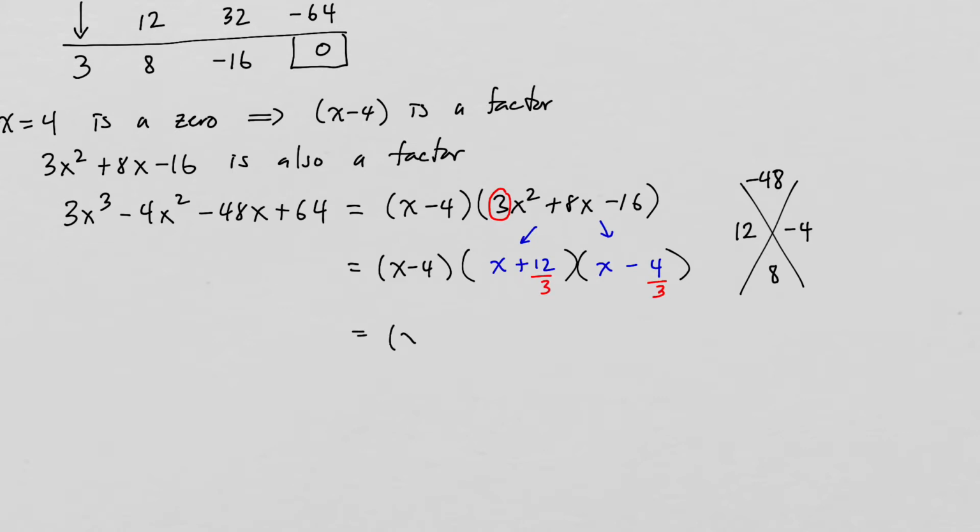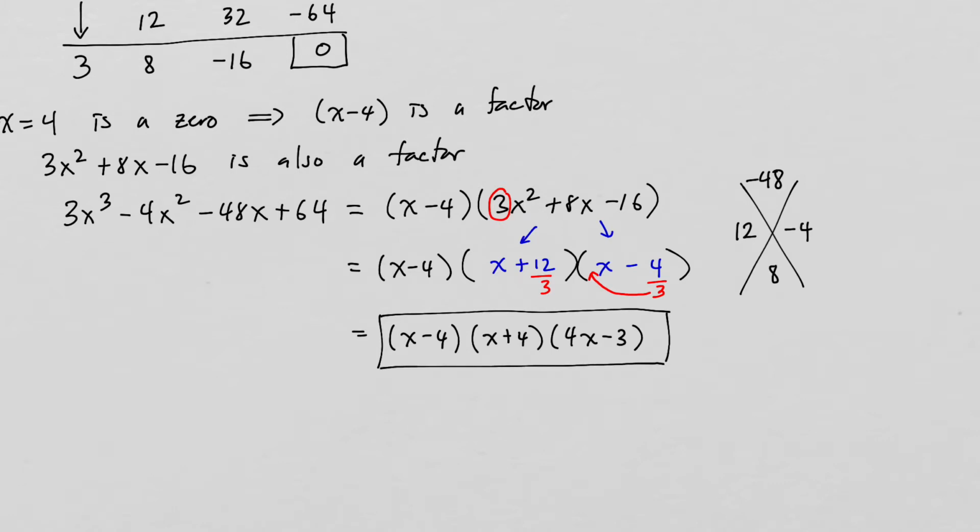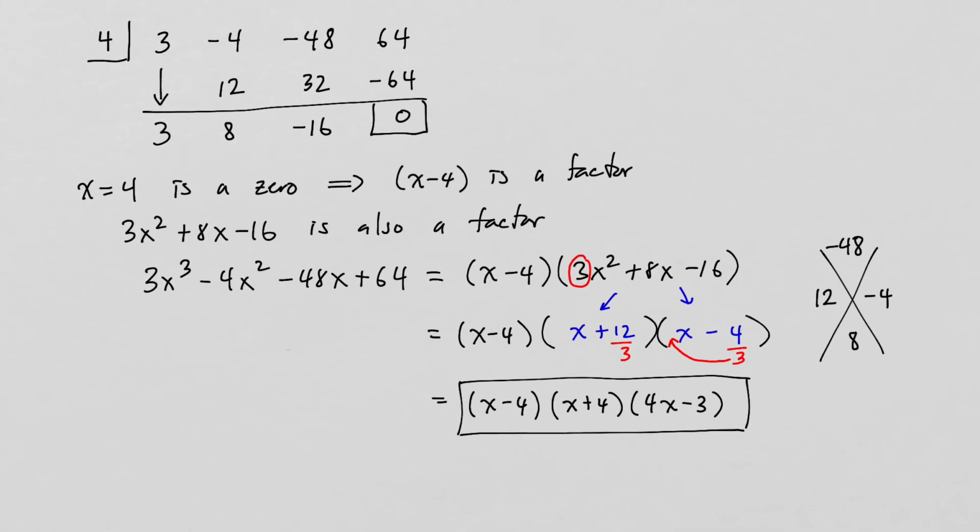In doing that, we end up getting the first factor there, and then this one simplifies to x plus 4. And then for the second one, since you cannot divide 4 and 3, we're going to move that in front of the x, which gives us 4x minus 3. So the complete factorization of that polynomial is x minus 4 times x plus 4 times 4x minus 3.